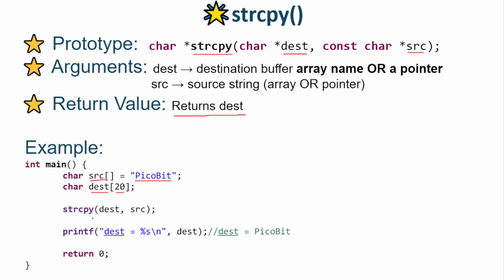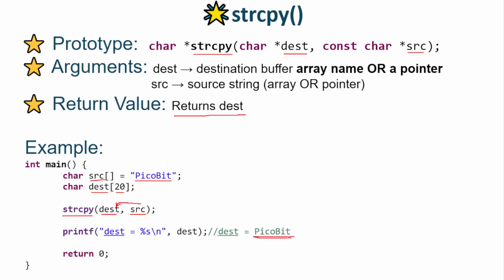When the strcpy function executes, it copies the entire string from src into dest, including the null terminator at the end. After the copy, the contents of dest become exactly picobit, occupying 8 bytes in memory, 7 characters plus the null terminator.